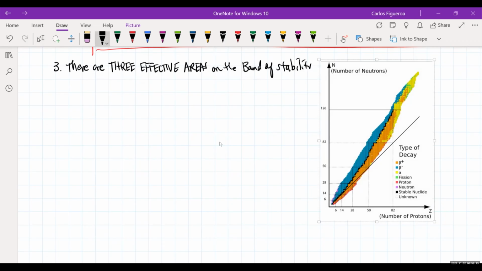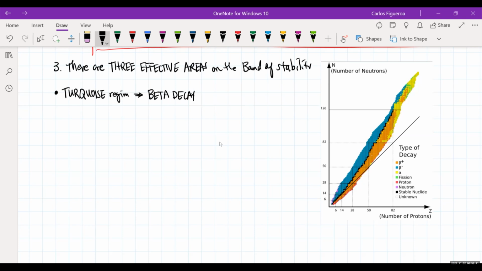I clearly have the turquoise region. So the turquoise region is special. As soon as you see the turquoise region, you immediately have to think beta decay. Okay? Beta decay.